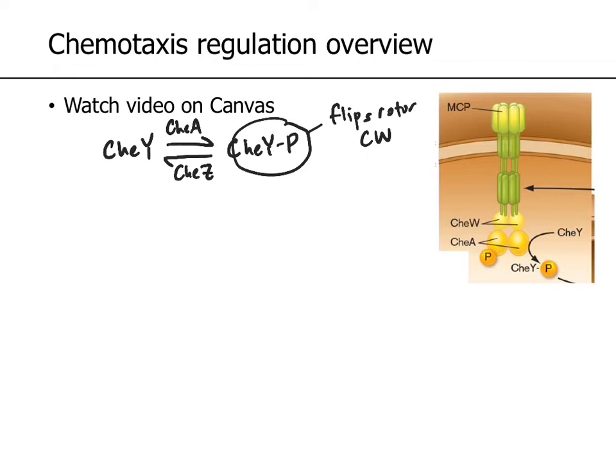Then you want the cell to be able to figure out whether it is going into a region that has more attractant or less attractant, and did its tumble take it into a place that it wants to be?